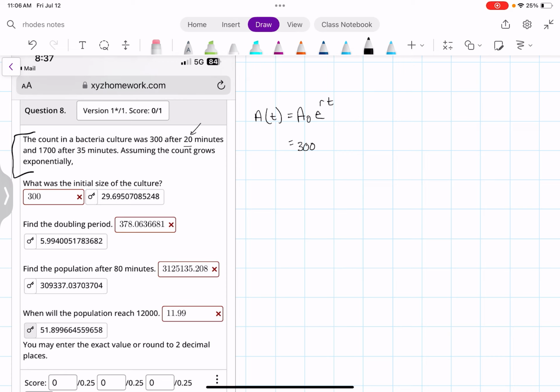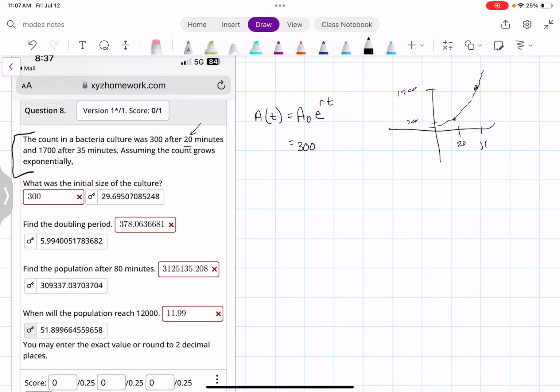They give us 2 points: if we look on an xy axis, 300 at 20 minutes, and then at 35 minutes, you're up at 1700. We can use those 2 points to figure out what the rate of increase is.